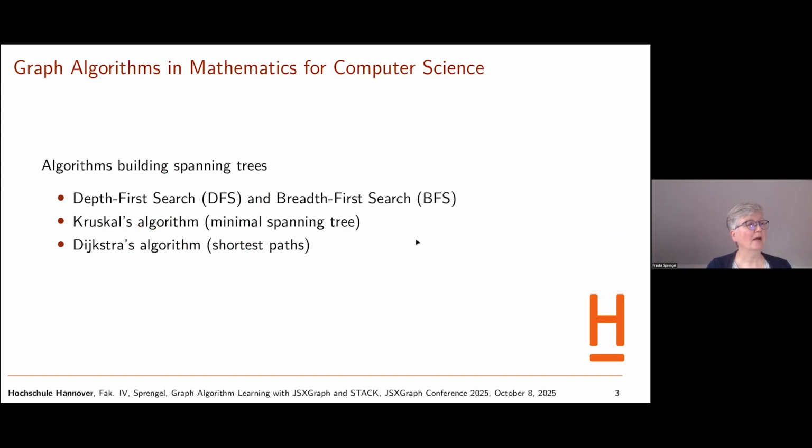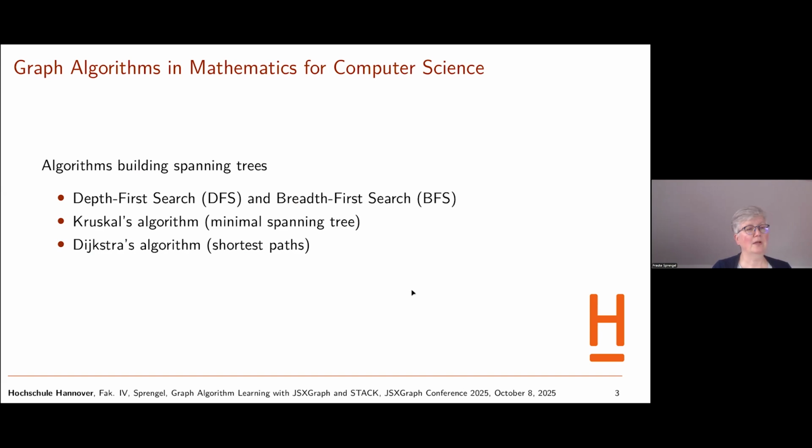What we are doing, we do some foundations of graph theory, and then we do some algorithms. First depth first search, breadth first search, Kruskal's algorithm, and Dijkstra's algorithm, and they are all algorithms that build a spanning tree. So they have a lot of things in common.